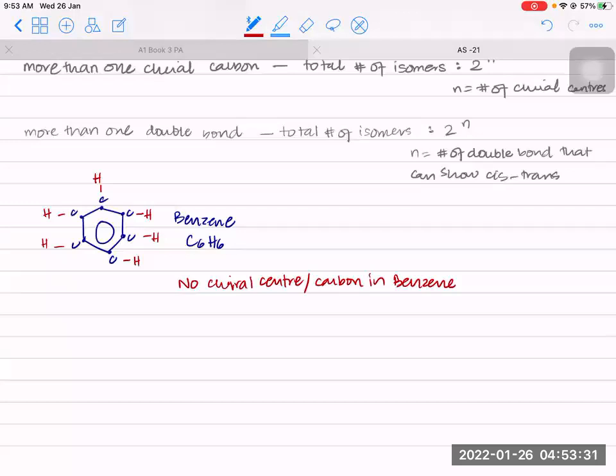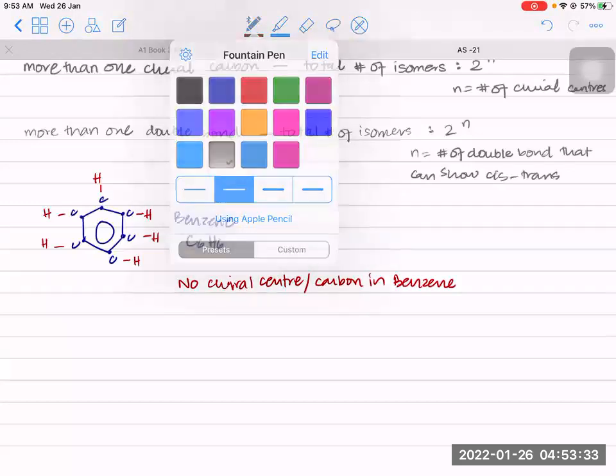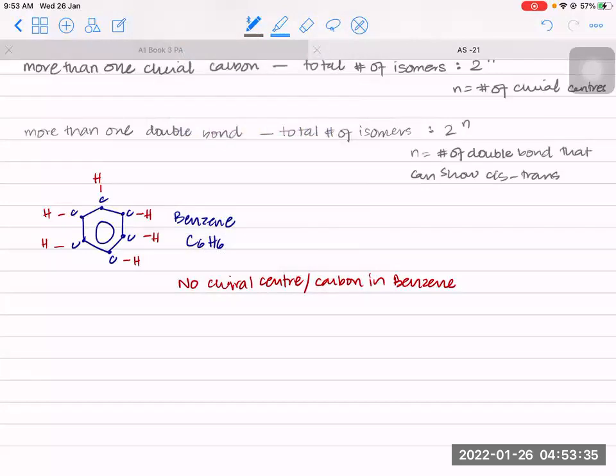Why am I telling you this? Now you'll be like, Miss, why is there no chiral carbon? Because the ring that you see in the middle is a pi ring. So if you have pi bonds, can it be sp3 hybridized? No. These carbons are sp2 hybridized in benzene. All right. So none of these are chiral.